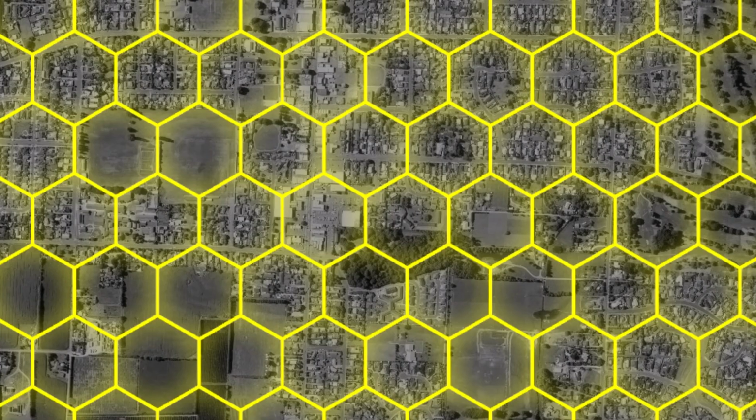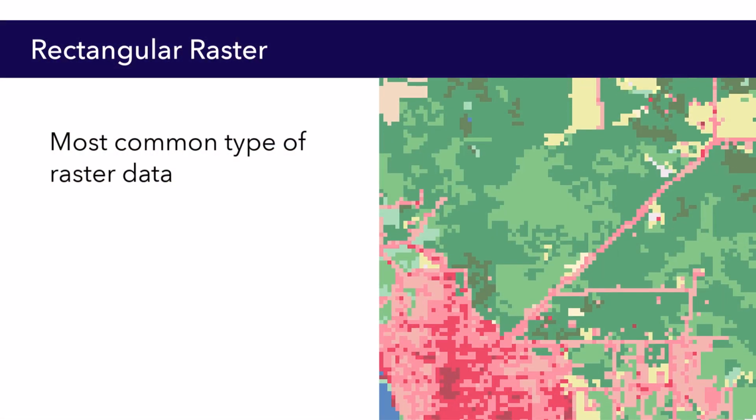But those are the two that you'll see most commonly, though you can use a variety of things. The other common one to use is triangulated irregular networks, or different kinds of triangles that you can create between your point locations. But let's just think, using the most common one, the rectangular raster.